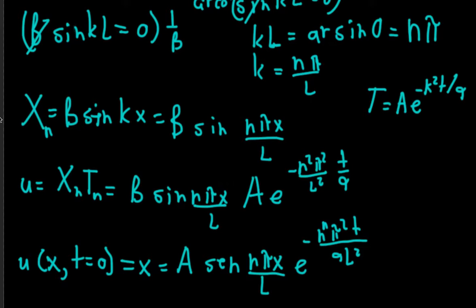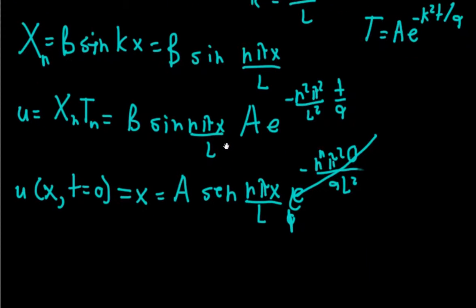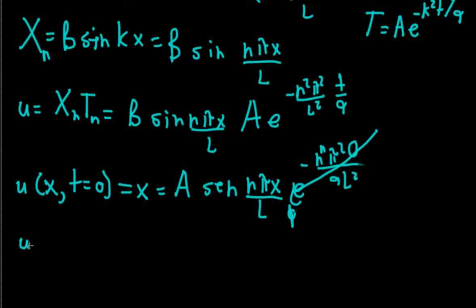here we now know that t is equal to 0, right? Because this is at the beginning. So this whole part is equal to 1, because anything to the 0 is 1. So look at that. We are saying that u for all x, when t is equal to 0, should be equal to the initial function, and that it is equal to a trigonometric function.